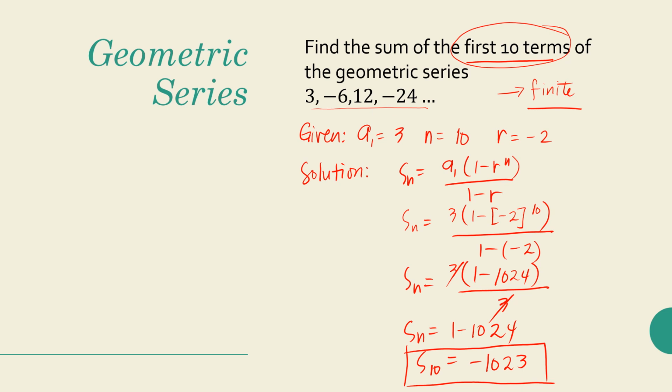I hope that you understand. Please do remember, if any portion of this slide is unclear to you, you can go back again, so that you can understand it properly.